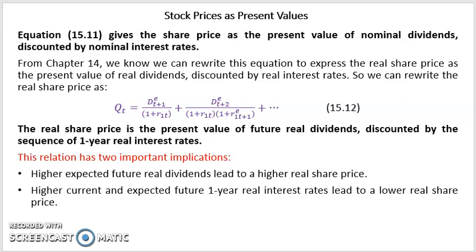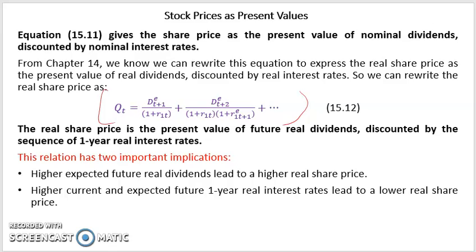From chapter 14, we know that we can rewrite this equation to express the real share price as the present value of the real dividends discounted by real interest rate, suggesting that we can write the real share price by its expression of the real values.